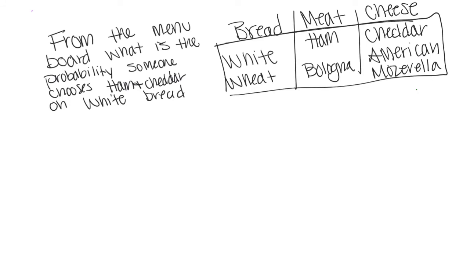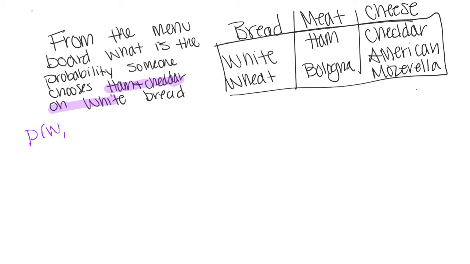So let's try the multiplication method if we have a choice of 3. So we have that same menu board from before. We want to know the probability of ham, cheddar on white. So the probability of ham, we'll start with the bread.